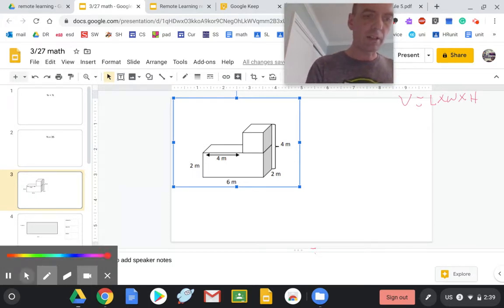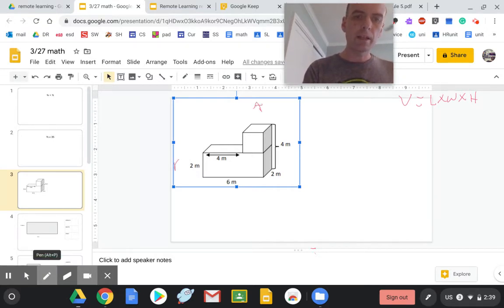So I also know that on these shapes, I am going to split them into 2 shapes. I'm going to make an A shape and a B shape. We'll split it here, right? So my A shape, I got a little 4 on the height.